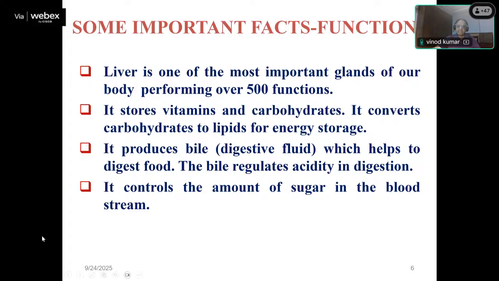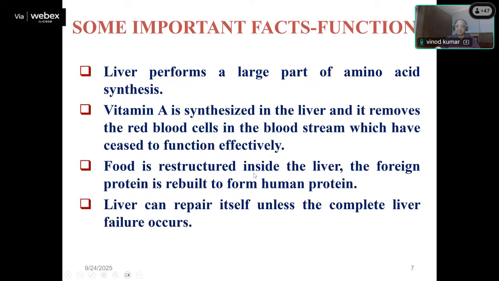And why liver? Liver is one of the most important glands of our body. It performs almost 500 functions. It stores vitamins and carbohydrates, converts carbohydrates to lipids. It produces bile, which helps in digesting the food. It controls the amount of sugar in the bloodstream.